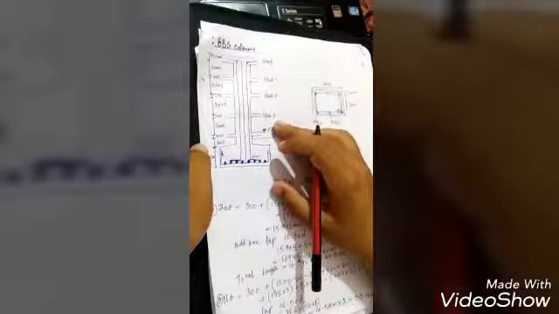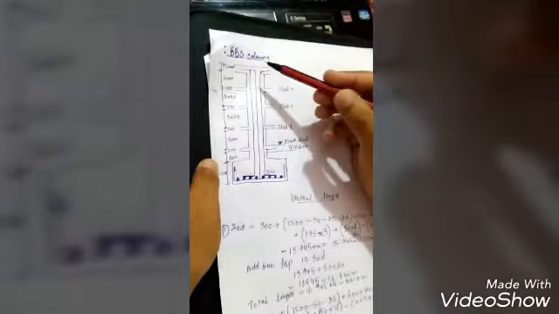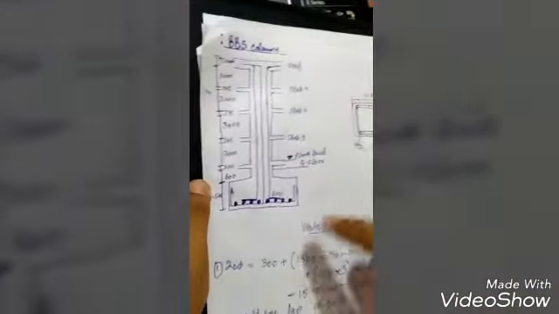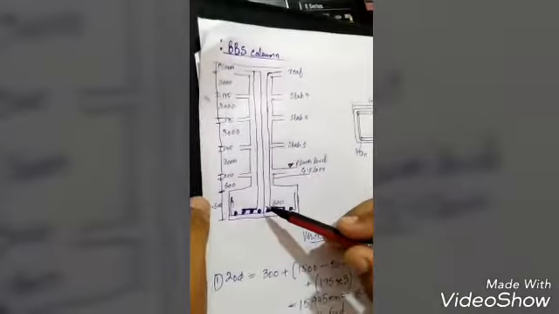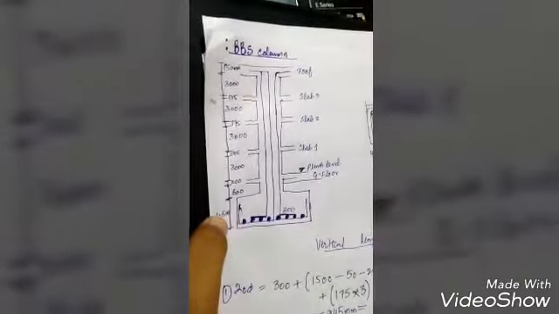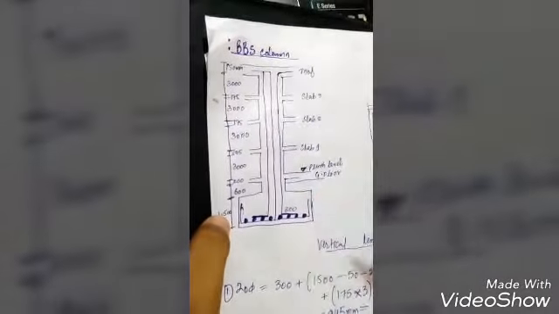Here is my diagram, the typical view of a column with foundation. Because it will take more time if I draw this one by one, I make it faster.